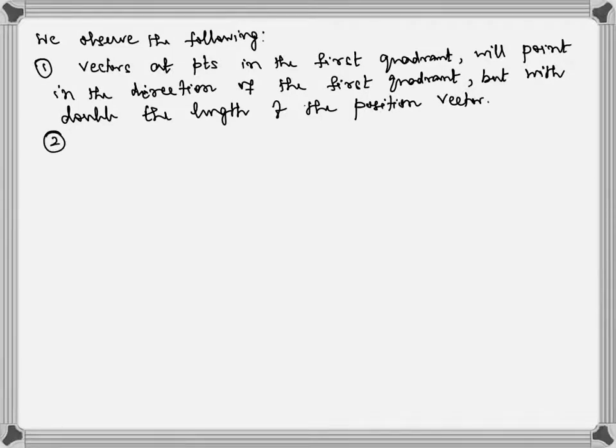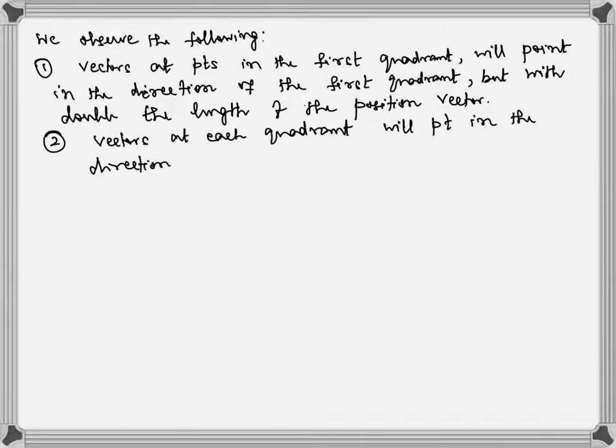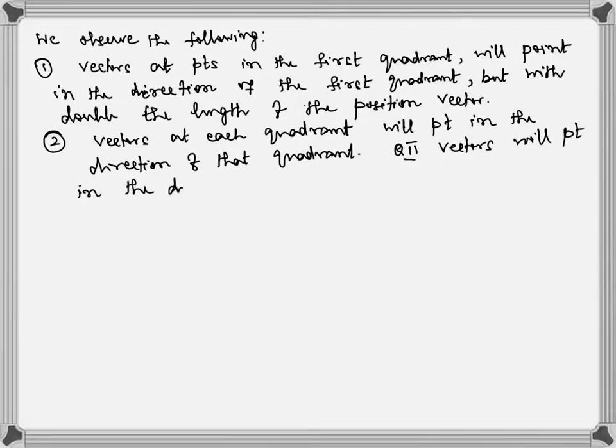And number 2, vectors at each quadrant will point in the direction of that quadrant, which means quadrant 2 vectors will point in the direction of negative x and positive y.